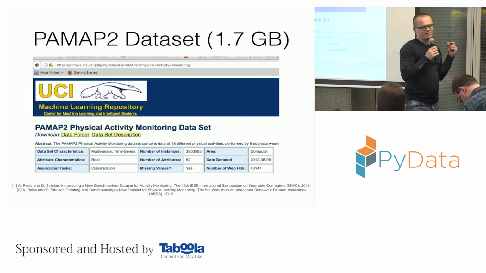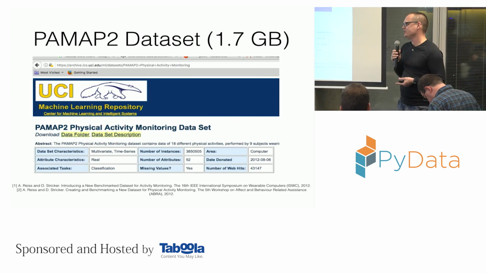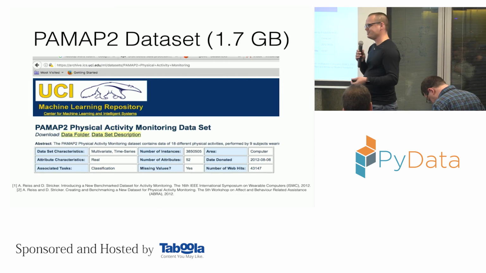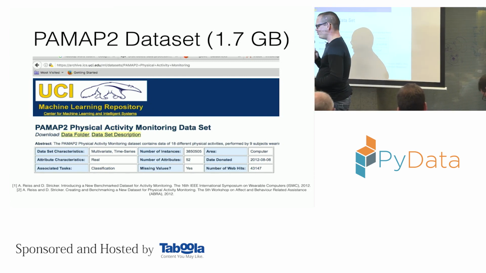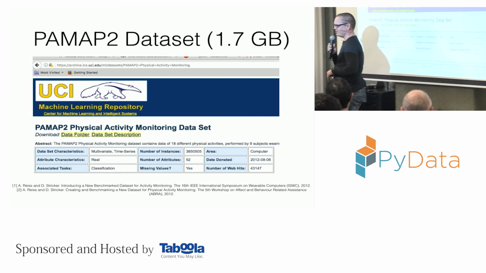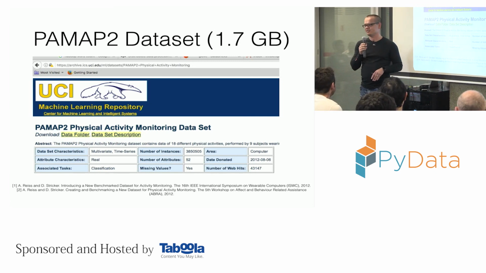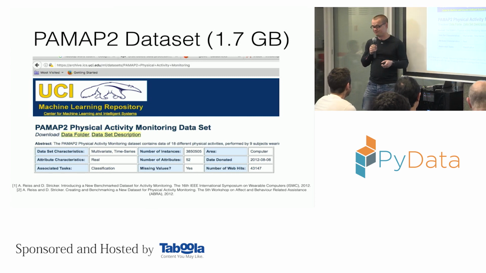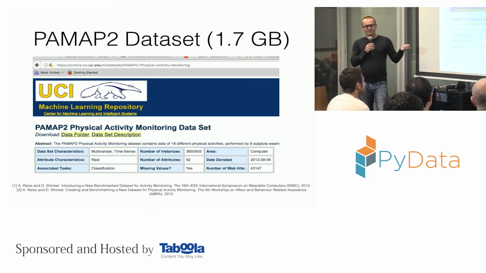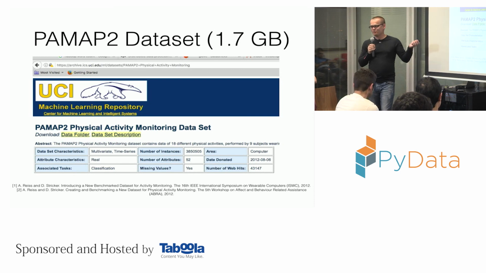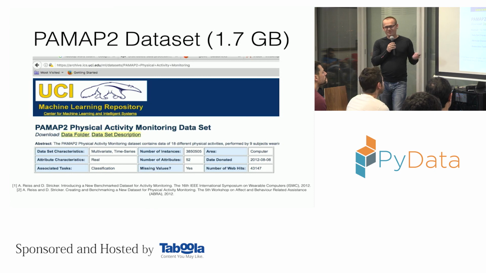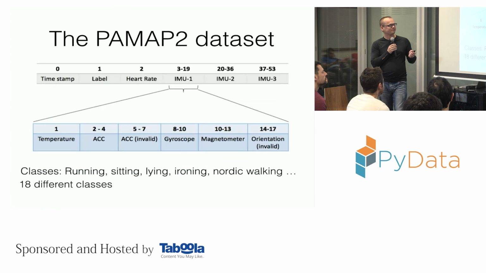Is the person lying, sitting, running, speaking in front of an amazing audience at PyData, ironing, driving a car, or playing football? In this dataset, we have 18 different activities, and we need to classify a person into one of them. There are 10 subjects, 10 different people who volunteered for this task. And we have the data. So let's see how we actually do it.